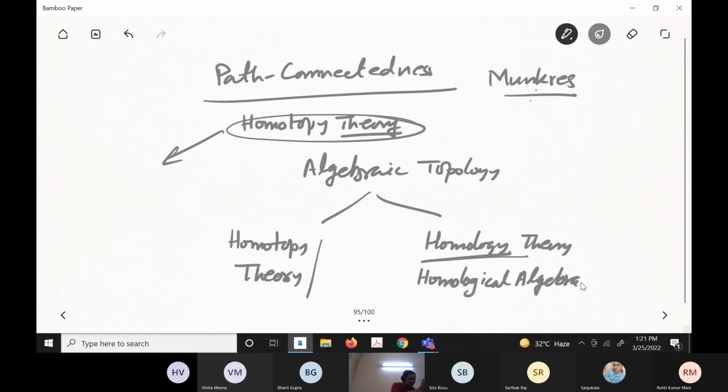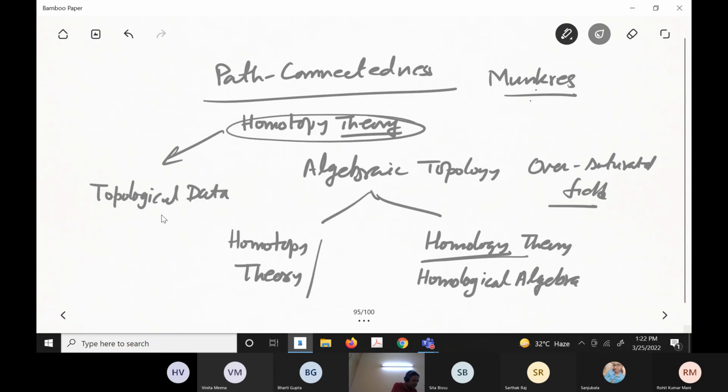But let me tell you that algebraic topology, many people think of it. Basically, it is also an oversaturated field. But that's why people are going. But algebraic topology, like other areas, has got nice applications. Now, one area that people are working on is called topological data analysis, TDA.